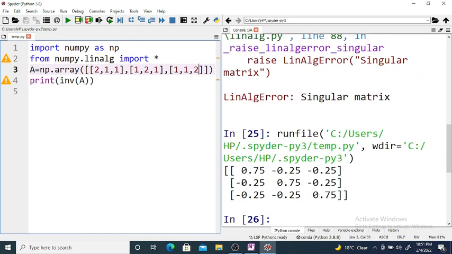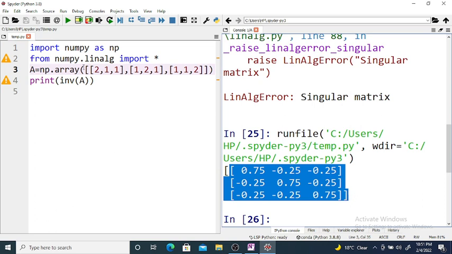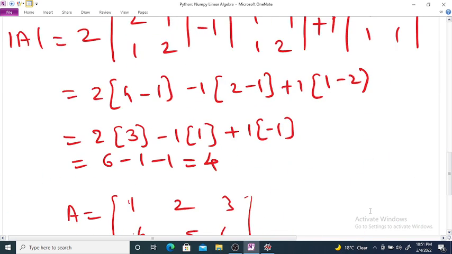You can see here this is the inverse of the given matrix A. So by using this command you can find the inverse of the given matrix A.